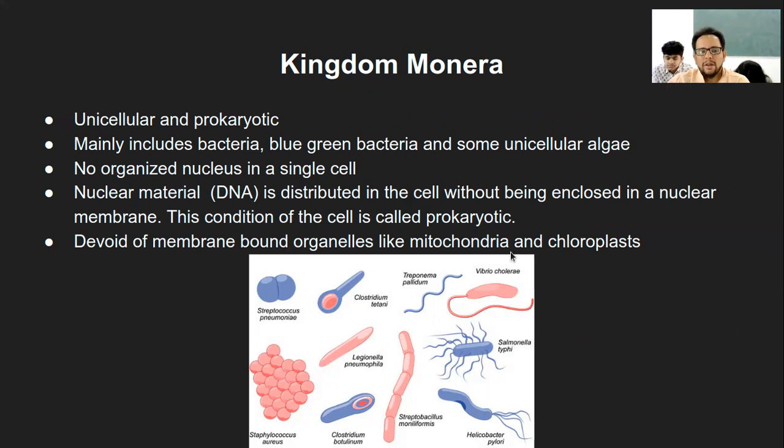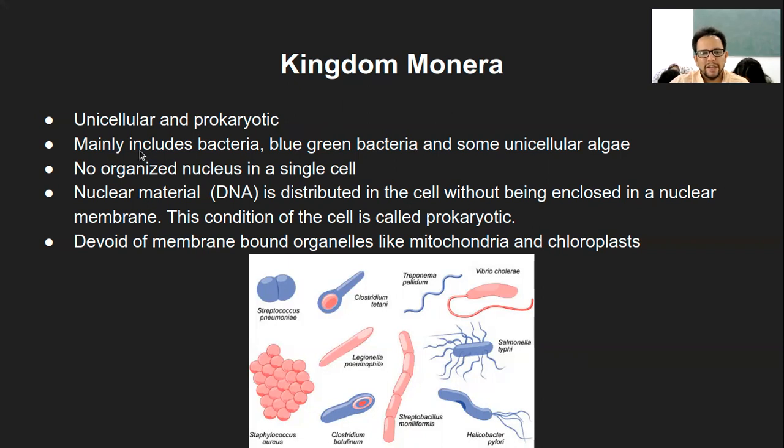So the Kingdom Monera, these are unicellular, that means they are single cell, and they are prokaryotic, that means they don't have enclosed nuclear material, right? I hope you all remember that prokaryotic and eukaryotic difference, so I won't be talking about that much here.